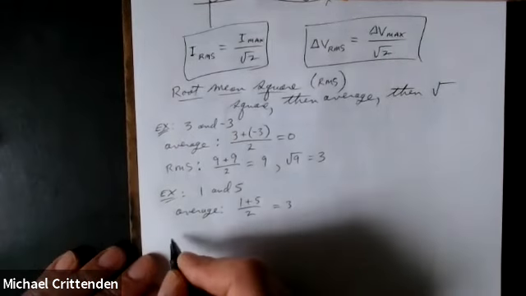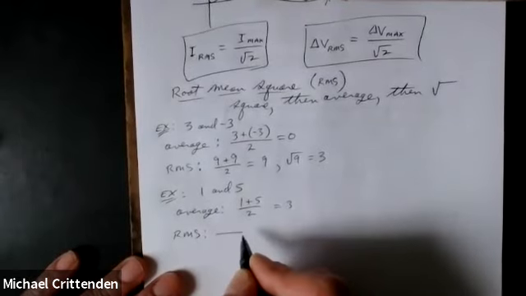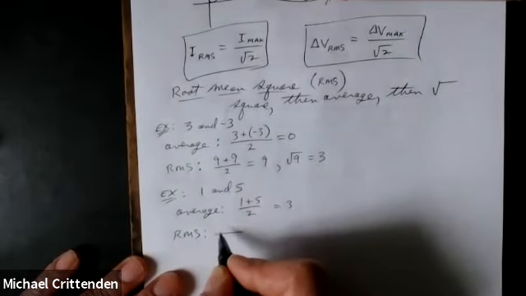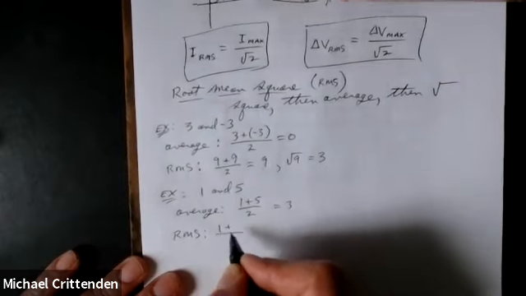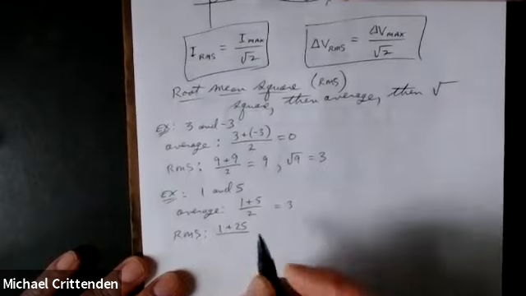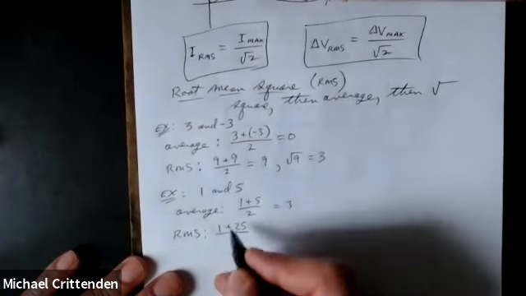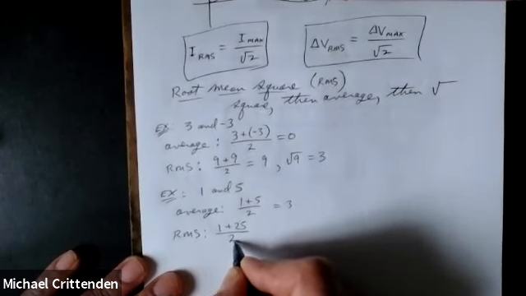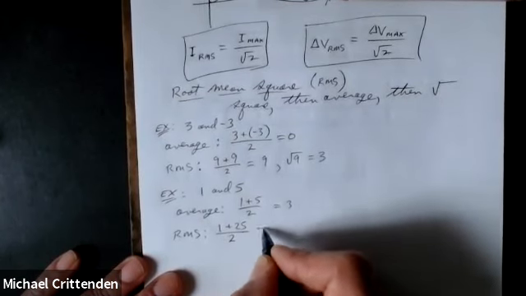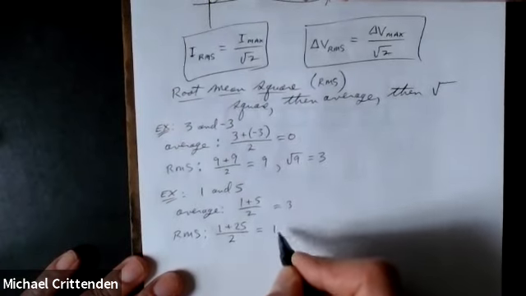For a root mean squared, first square the numbers. 1 squared is 1, 5 squared is 25. Then average the squares. Okay, I've got two numbers in the set, so you add them and then divide by 2. 26 divided by 2 is 13.